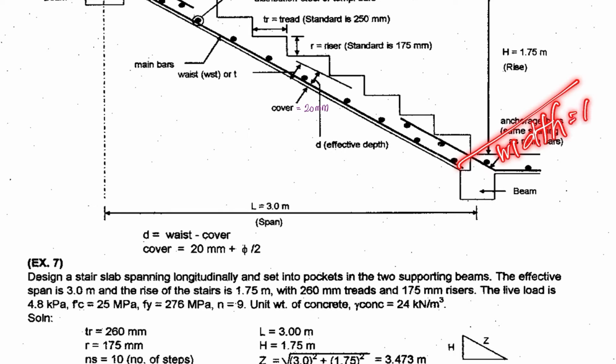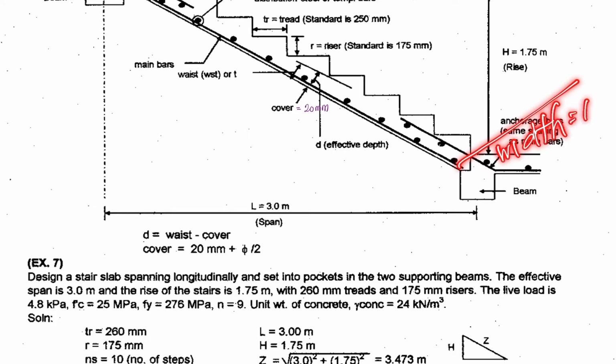Then plus 24, this is the thread, this is the riser, divided by 2, that is the area of the triangle, multiplied by 10, that is the number of steps, multiplied by 1 meter width. So you have the dead load is 17.96.